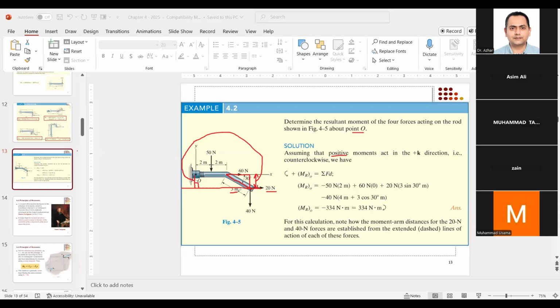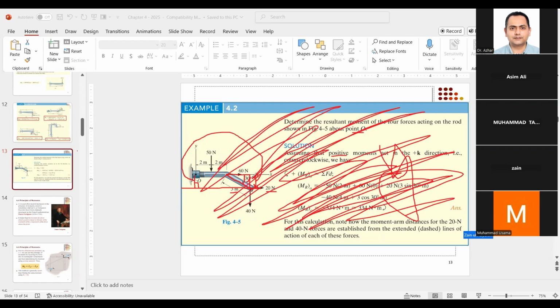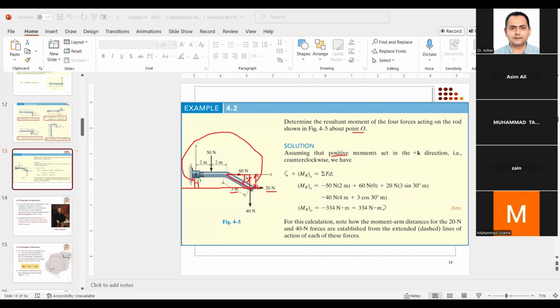The hypotenuse of the triangle is 3 meter and the angle with the base is 30 degree. So you can easily find this perpendicular distance. How will you do that? This perpendicular distance will be equal to 3 sine of 30 degree. 3 is the hypotenuse and the angle is 30 degree, right here.